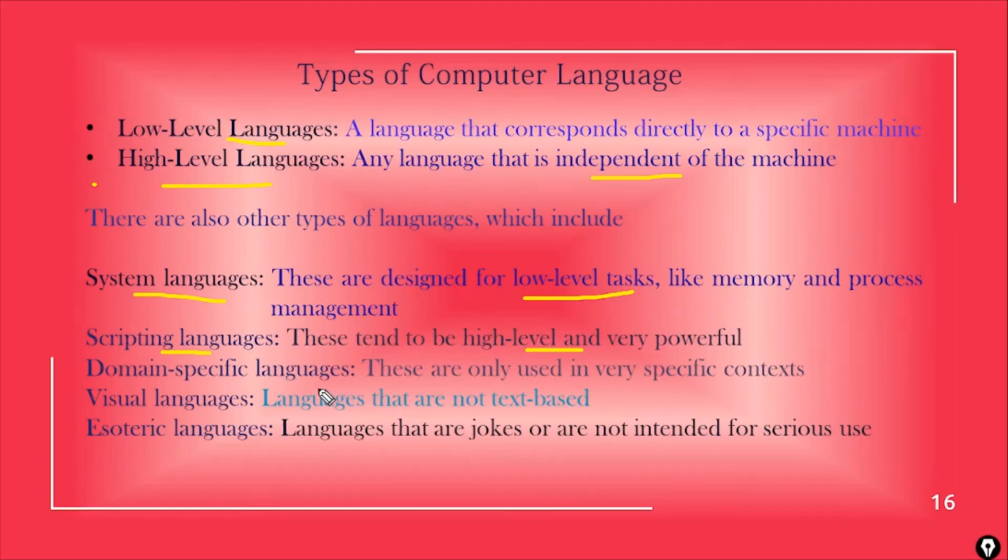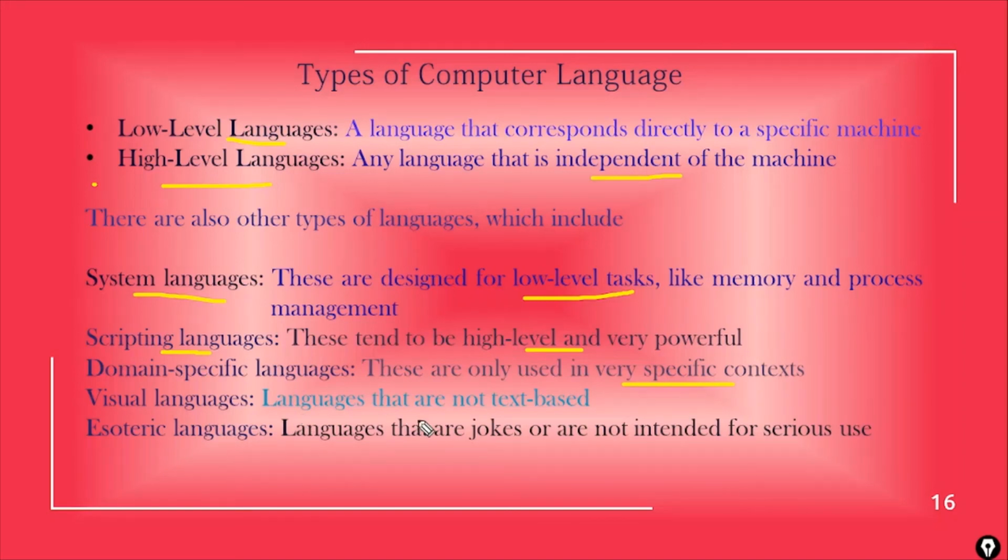Domain specific languages are only used in very specific contexts. Other types are visual languages, which are non-text based, like graphical languages.